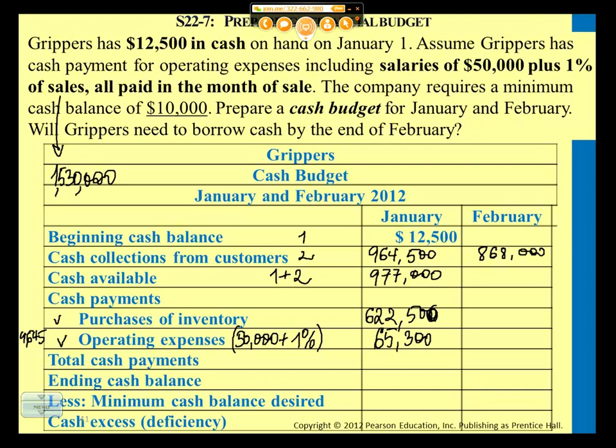What am I getting? So I'm going to take this 3 and 4, and I'll add 3 to 4, right? 687,800. Okay, yes.